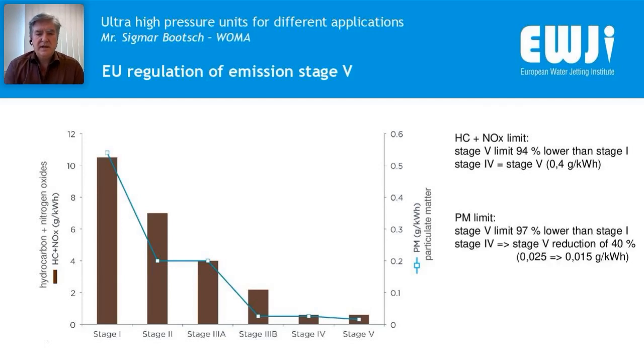The limit of particulate matter in stage 5 is 97% lower than in stage 1. And the reduction from stage 4 to stage 5 is another 40%. So we see the limits from stage 1 to stage 5 go extremely down.